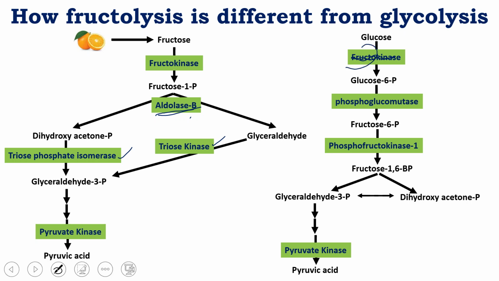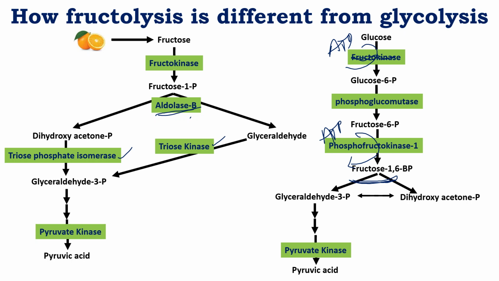Here we require one ATP, and at this place we require another ATP. So 2 ATP are consumed here. Now this fructose 1,6-bisphosphate is cleaved here by aldolase, which may be aldolase A or aldolase B. So any of the enzymes we can use here.